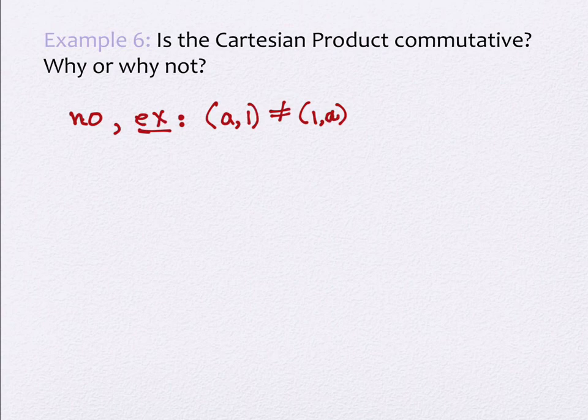And if you think about it from a regular XY graph, the ordered pair 2, 1 is not the same location as the ordered pair 1, 2. They're different places. So if it helps to think about it from the perspective of a graph, you can do that too. Does that make sense? So this is why it's not listed in the list of properties we had earlier, because it isn't a property.